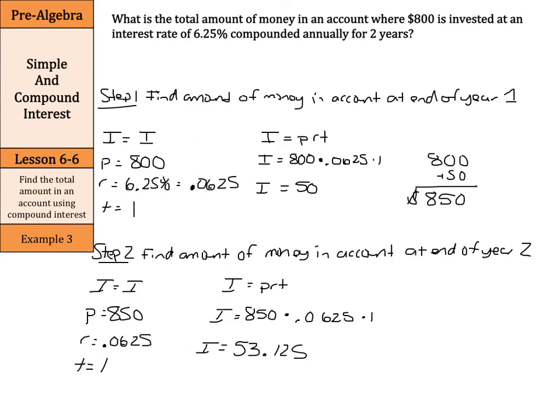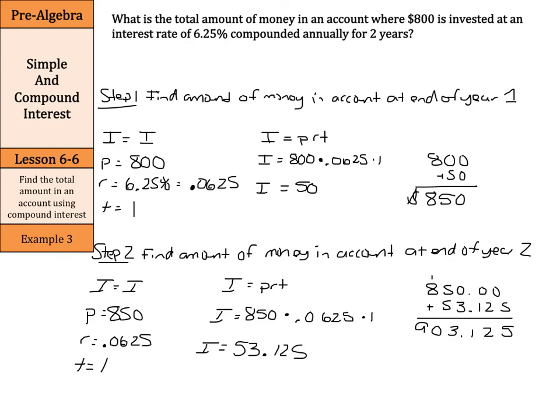Now keep that, believe it or not, until after we add this. So we started the year at $850. We add our $53 and 12.5 cents. And our result is $903 and 12.5 cents.